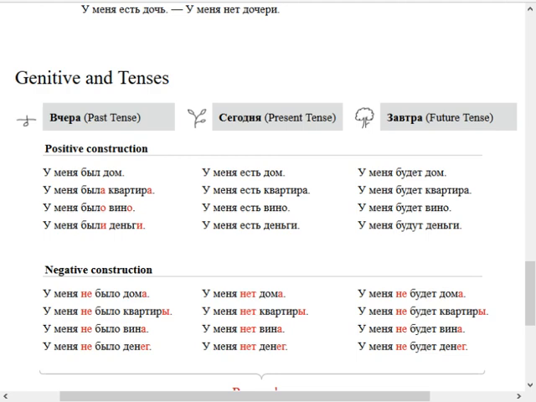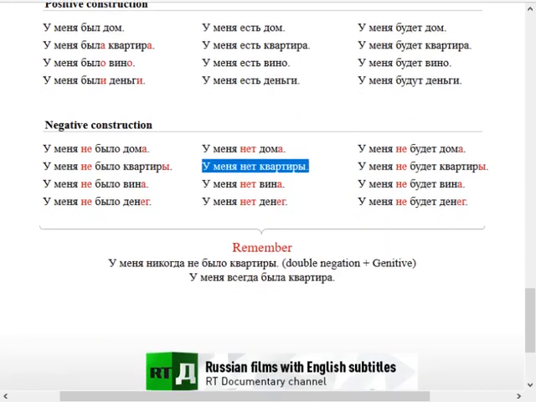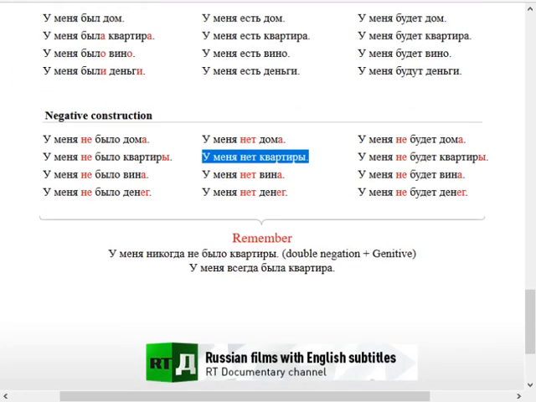I'm just trying to see where there's an example here. If you say у меня есть квартира, then obviously I have an apartment. But if you don't have one, then you say у меня нет квартиры. So there is a difference for the negative construction.